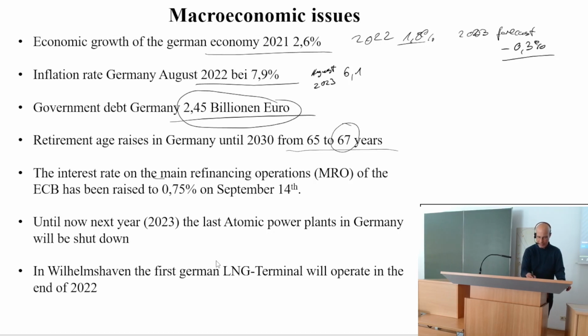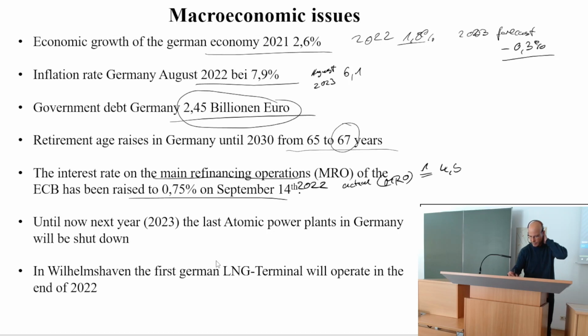Or right now, as I said, the main refinancing operations rate has been raised. The actual main refinancing operations rate is 4.5% in September 2023.